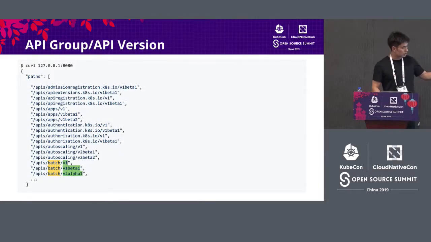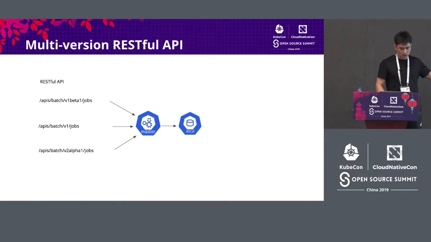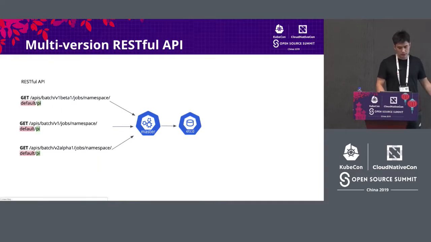One thing to notice is all those APIs, no matter if it's v1 or v1beta1, as long as the namespace and the name of the object are the same, the URL actually leads to the same object.